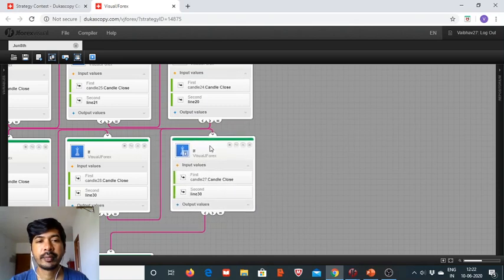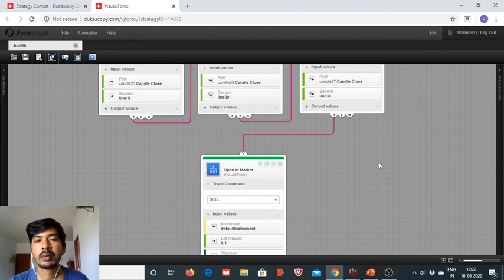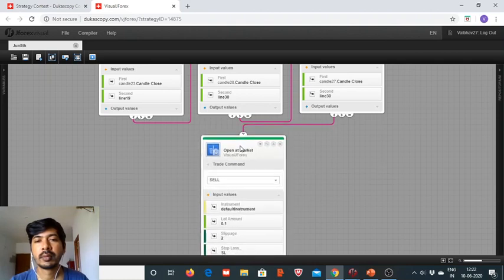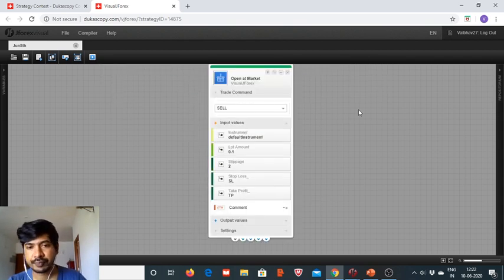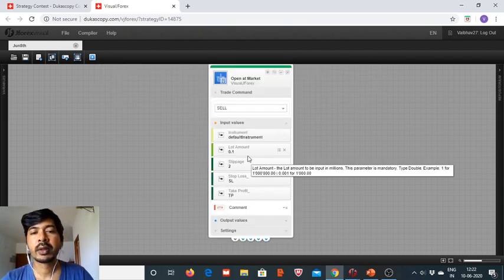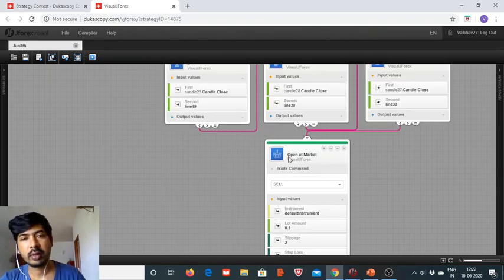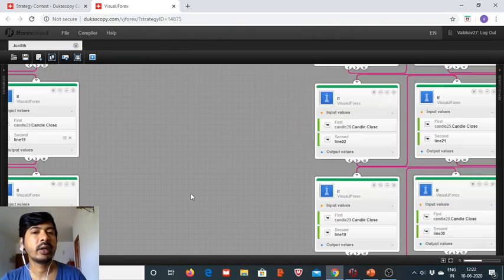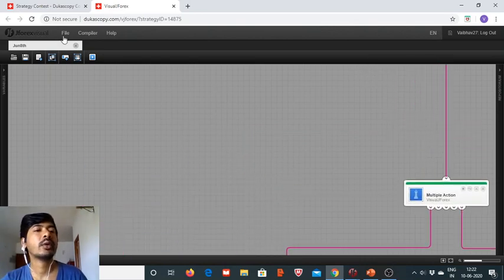Now we got this slippage, the lot amount, stop loss, take profit. Everything has been well defined. So I'm pretty hopeful of it being a profitable setup.